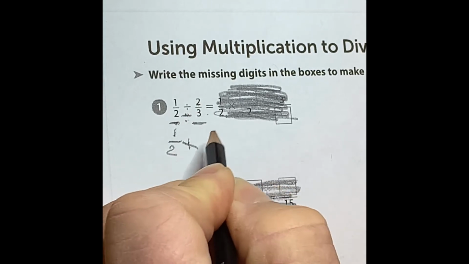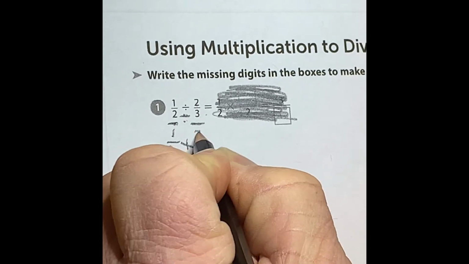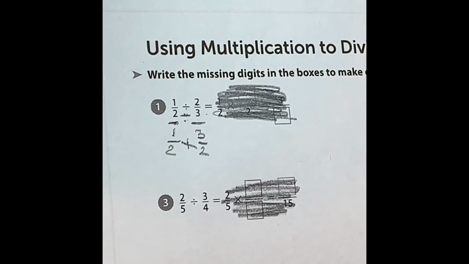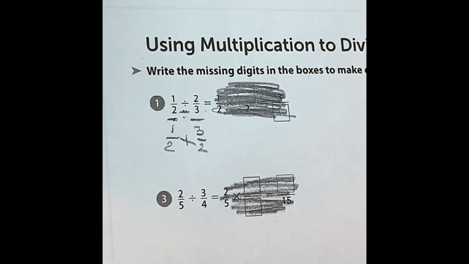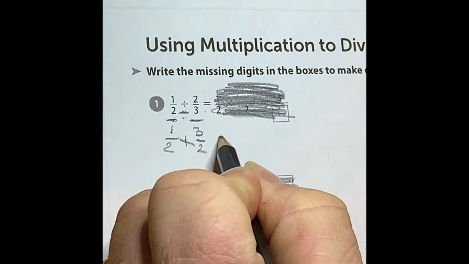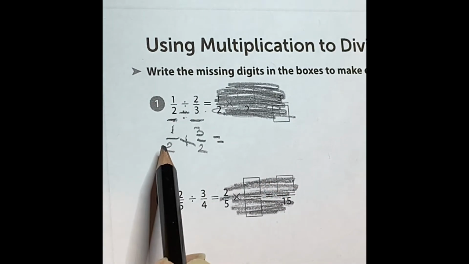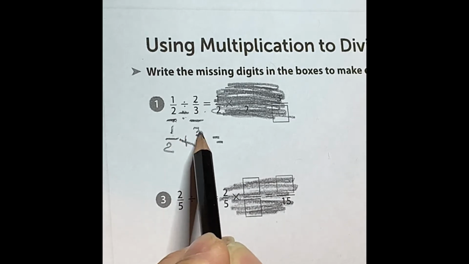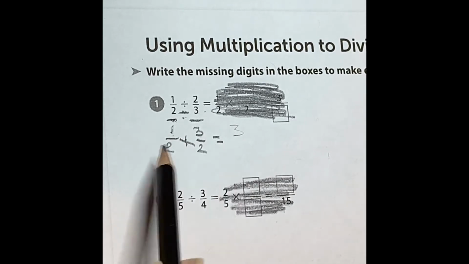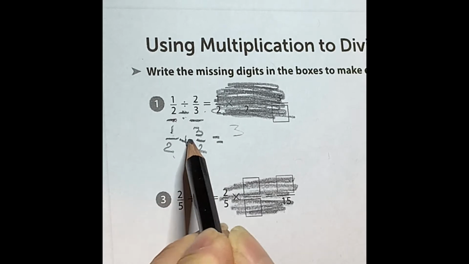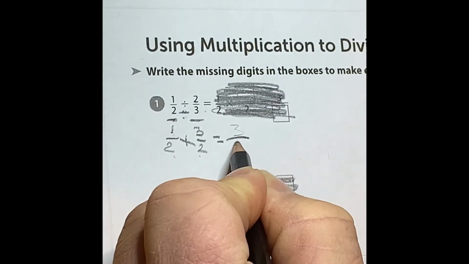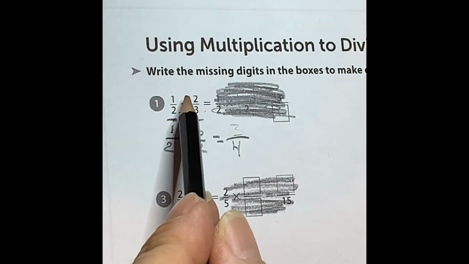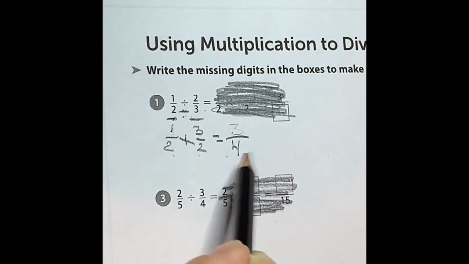So instead of 2/3, we're going to flip it so it's 3/2. Now we do our math. When we multiply two fractions, we go numerator times numerator equals 3, and denominator times denominator equals 4. So 1/2 divided by 2/3 is 3/4.